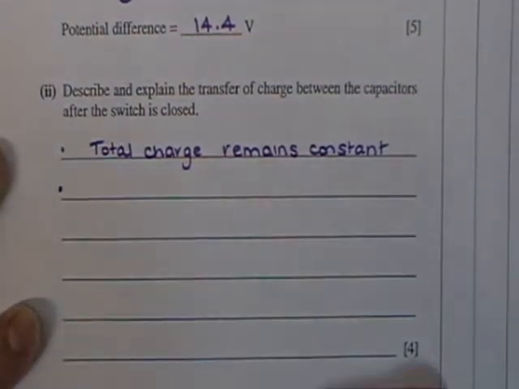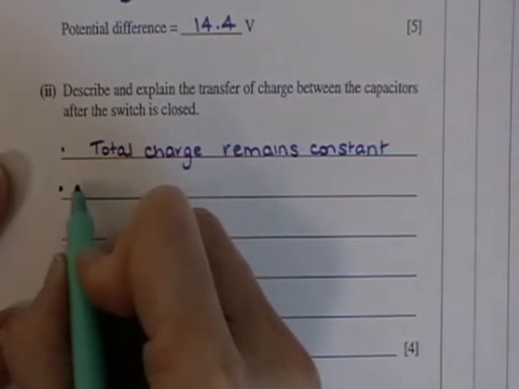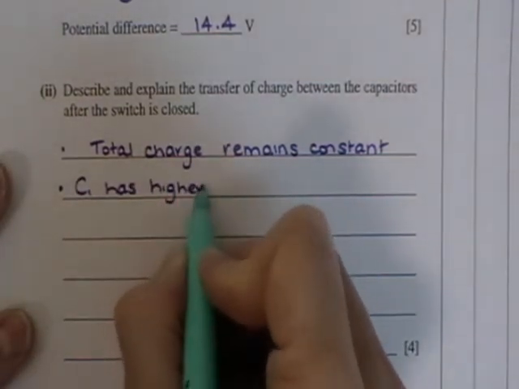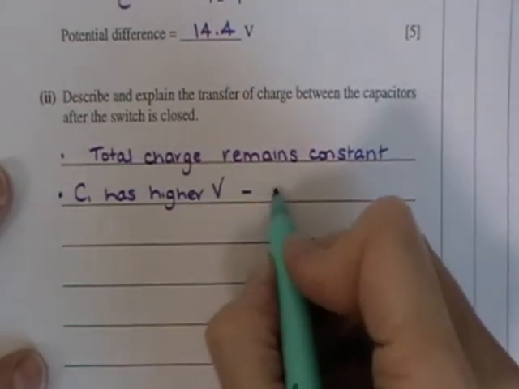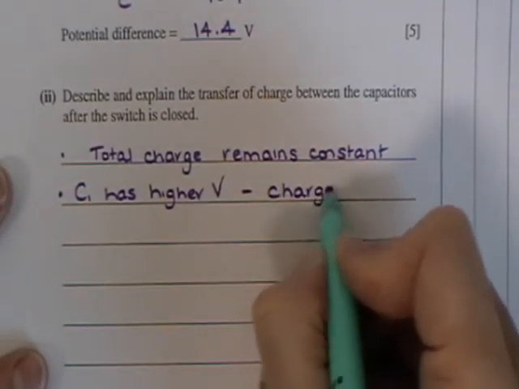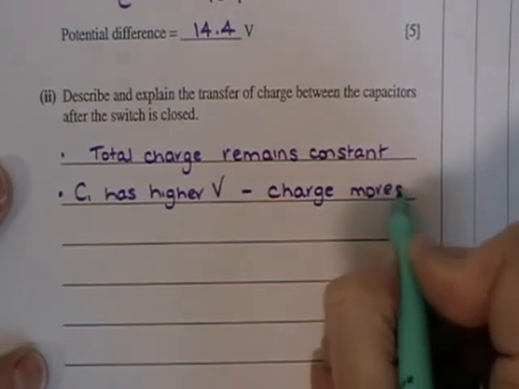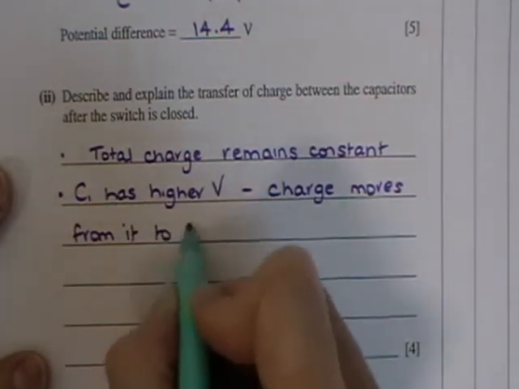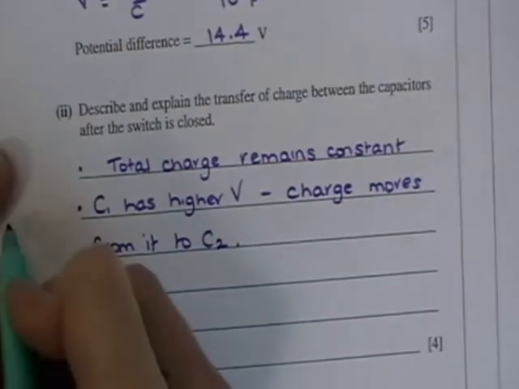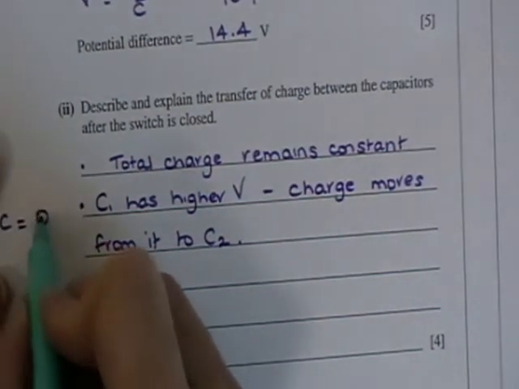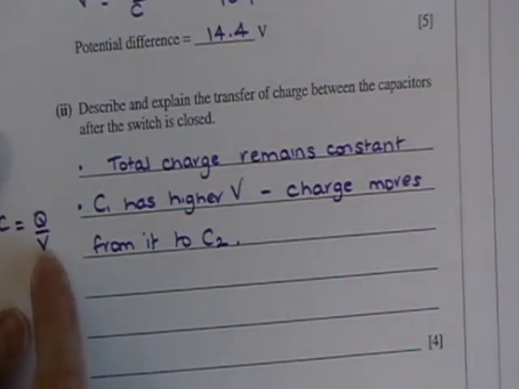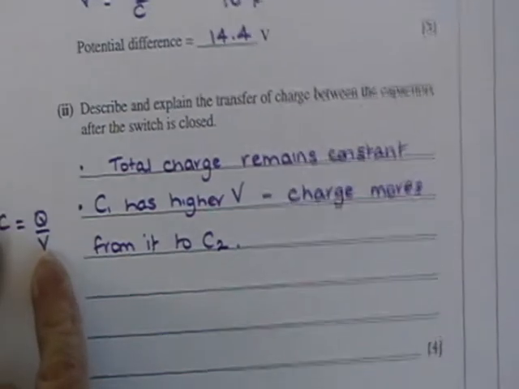But the one which has more charge moves it, and that's the one with the higher voltage. So C1 has higher voltage, so therefore charge moves from it to C2. If I just write down here, C is equal to Q over V, and therefore the one which has the higher voltage is the one with the smaller capacitance.